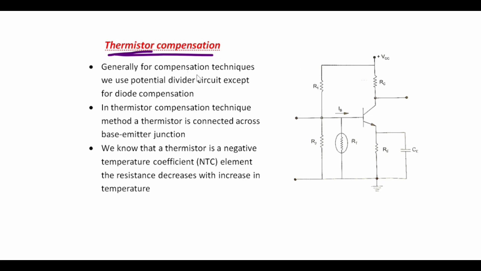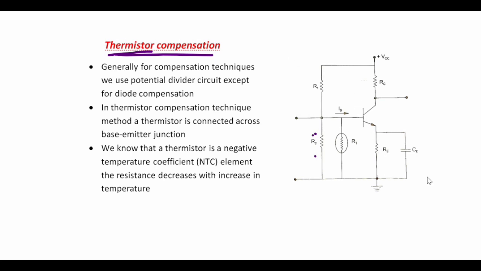In the diode compensation technique, we used a diode here and we did not use this thermistor. This is the thermistor, the temperature dependent resistor, and we arranged the remaining circuit in the form of a fixed biasing circuit. We did not use this resistor in the diode compensation technique.